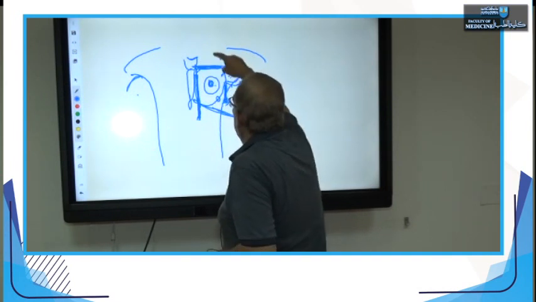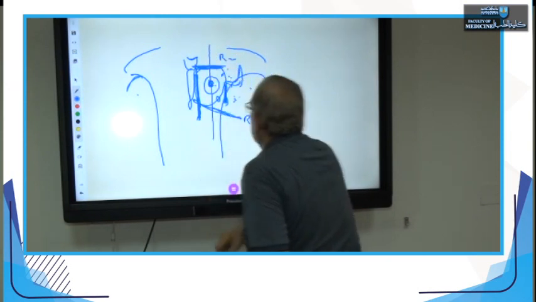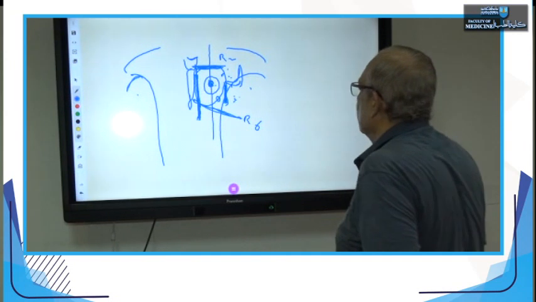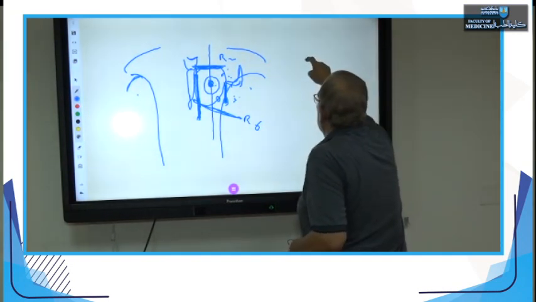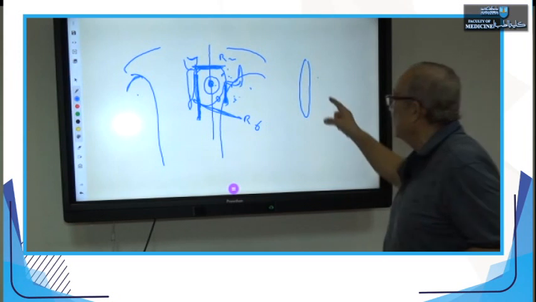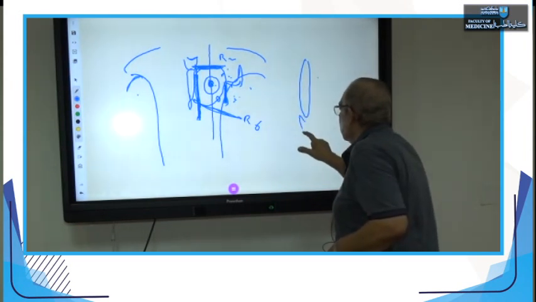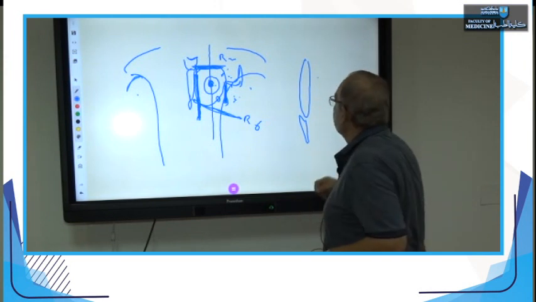To have an idea about the structure of the breast, we'll take a sagittal section in the breast. This section will go till it reaches the muscles. Of course, the main muscle of the pectoral region is the pectoralis major. Below the pectoralis major, there is the external oblique muscle.